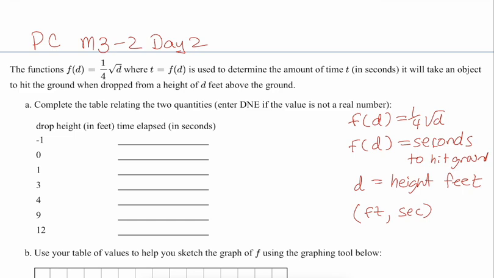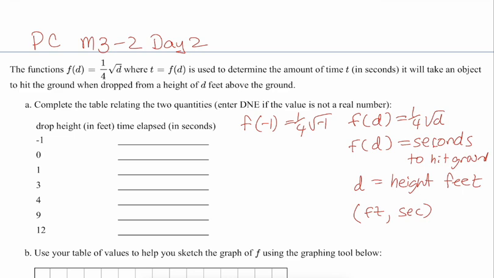Okay. So these ones here, we're just going to enter those into the formula. Let me kind of show you some hints of what iMath is doing. First off, can we plug -1 into a square root? No, we can't get a real number. You'll get an imaginary number, but as far as a real life application, can we use that?